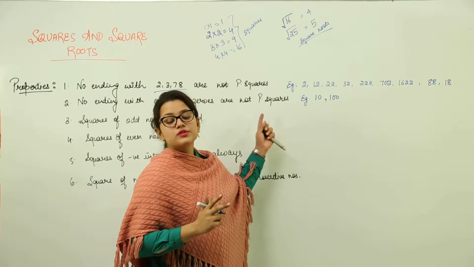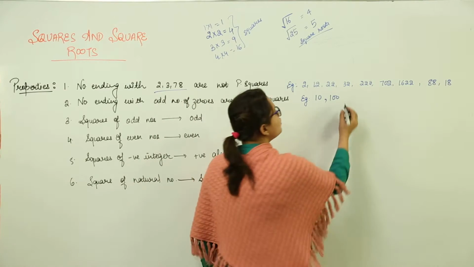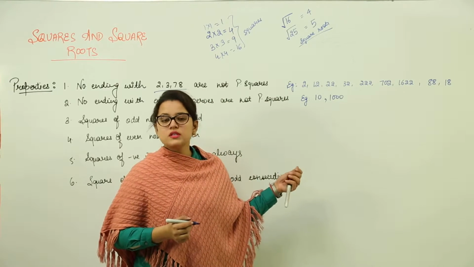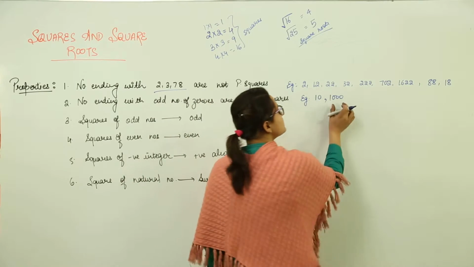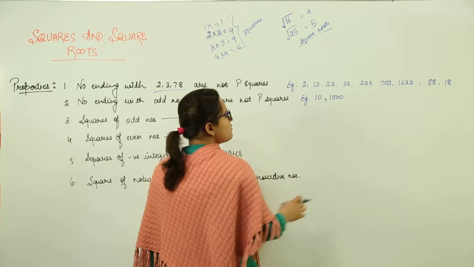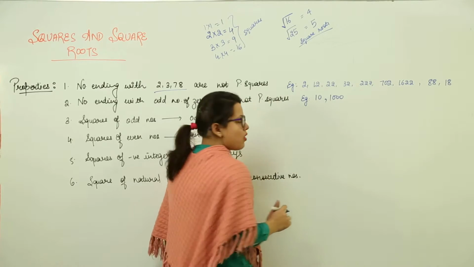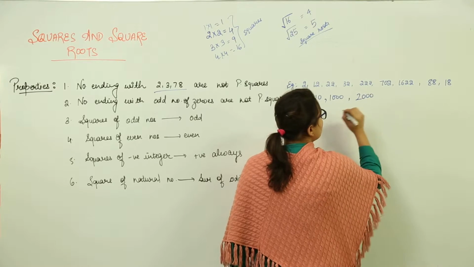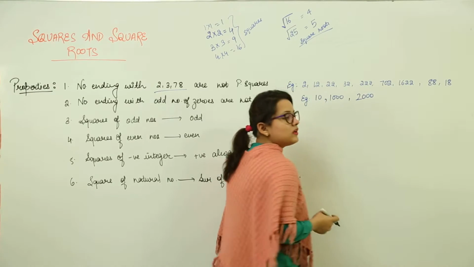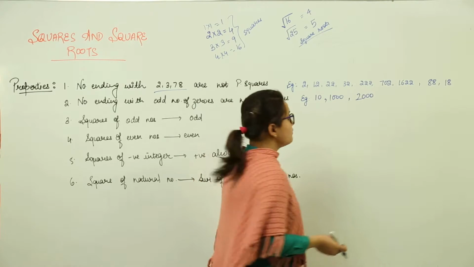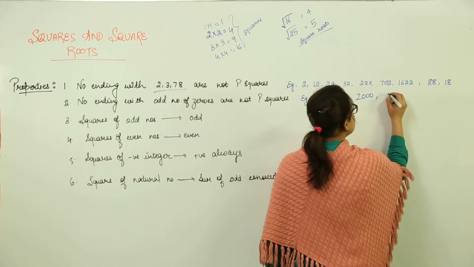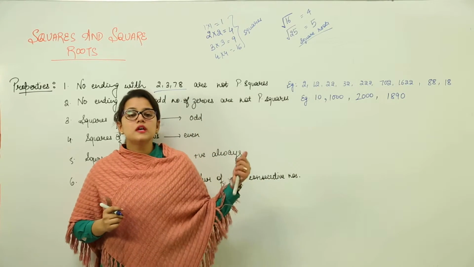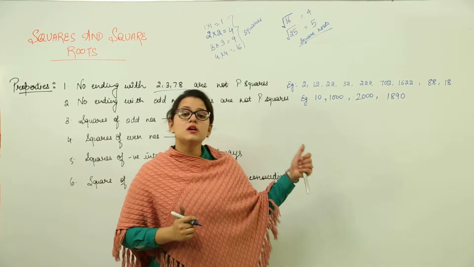Now we put another 0, so the number of zeros has become 3, which is odd. This is not a perfect square, because the number of zeros it has is odd. Similarly, for any number like 200 or 2000, you can say directly, because 200 has 2 zeros. Another example is 1890. Now see, it has an odd number of zeros, so it is also not a perfect square.